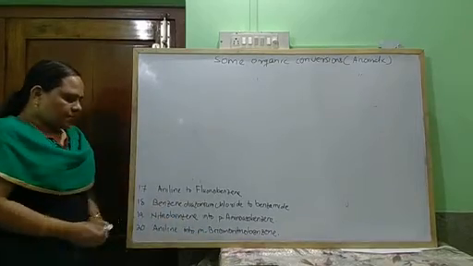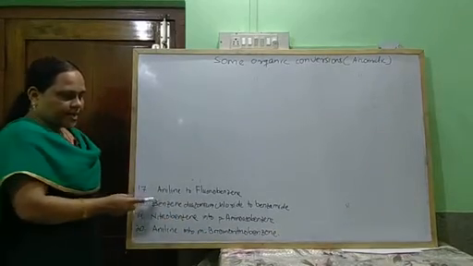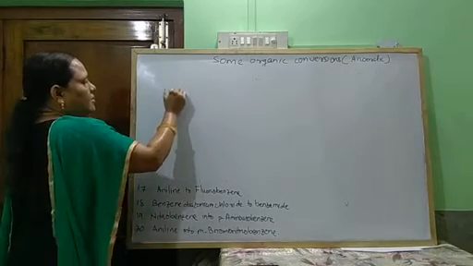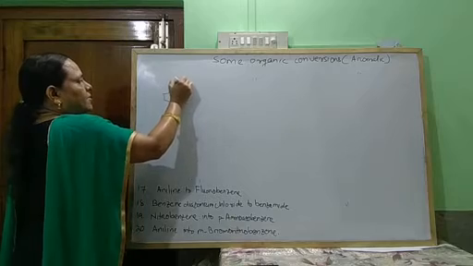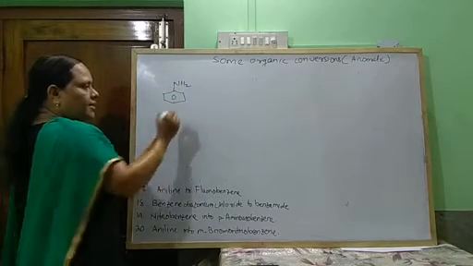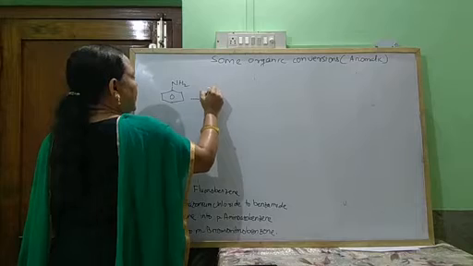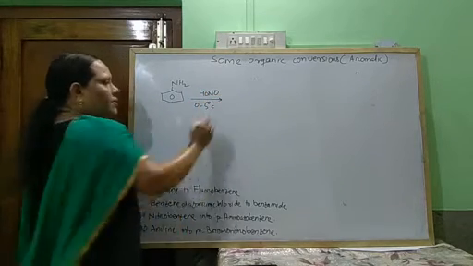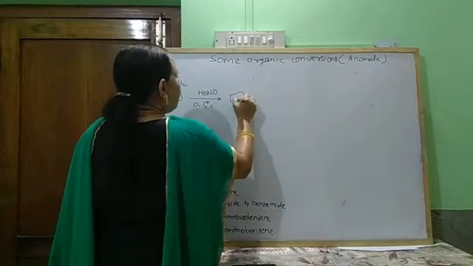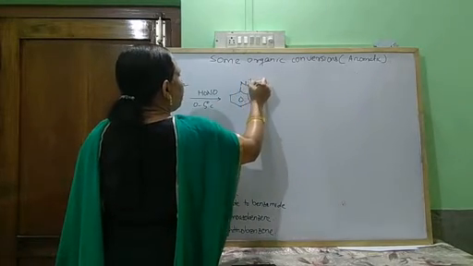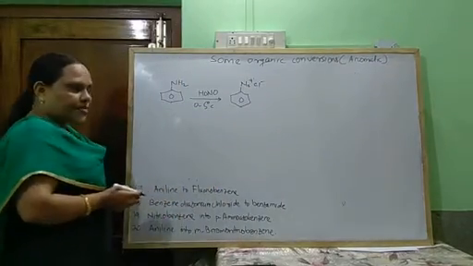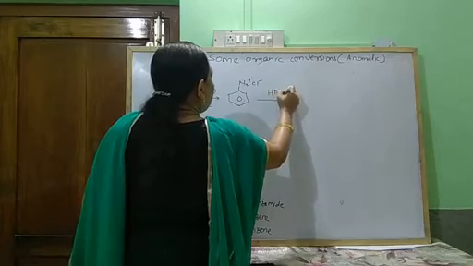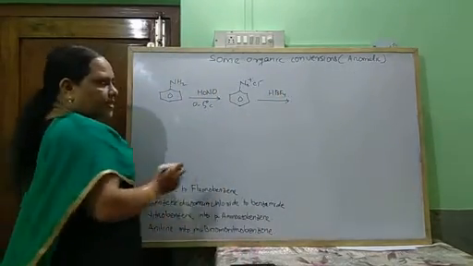Next come to question number 17. Aniline to fluorobenzene. So this is aniline treated with nitrous acid. Temperature is ice cold. It forms benzene diazonium chloride. Then this is treated with hydrofluoroboric acid.